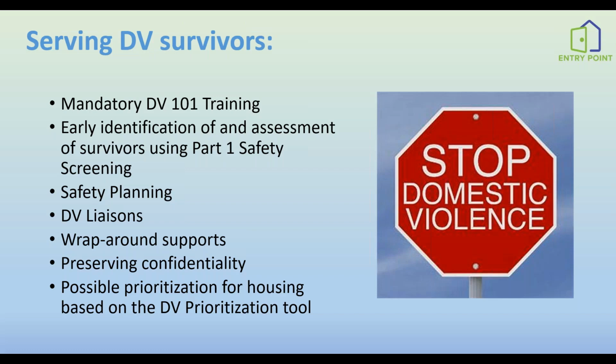We have various wraparound supports that are especially provided by those DV specialty agencies, and people who are fleeing domestic violence, especially those in sexual assault and trafficking, especially those who are at imminent risk of serious harm, are prioritized for housing in our system based on the DV prioritization tool, which is in use and in development and in refinement right now.